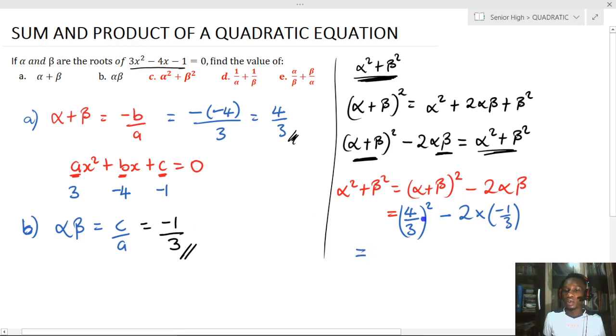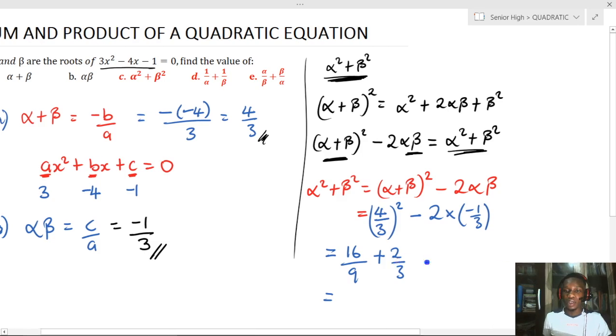Then when we open the brackets with the raised power 2, it gives us 4 square, which is 16, over 3 square, which is 9, minus, now minus times minus will make this plus, so this is actually plus 2 times 1 is 2, and then we have 2 over 3. So we can solve this using LCM of the denominators, and then we solve for their numerators.